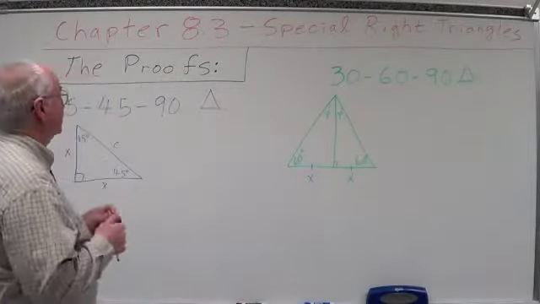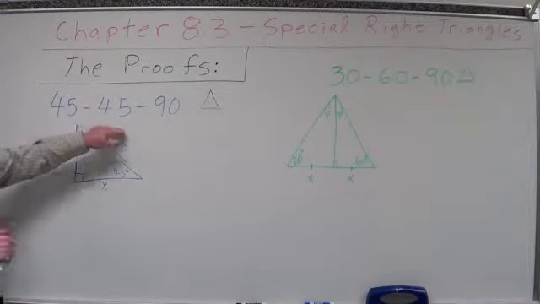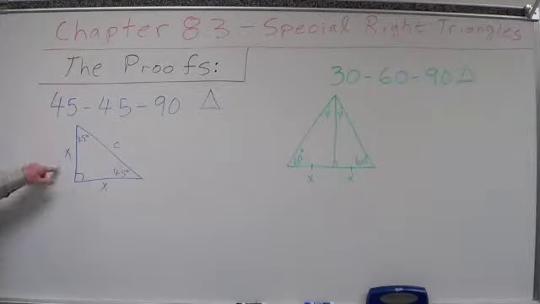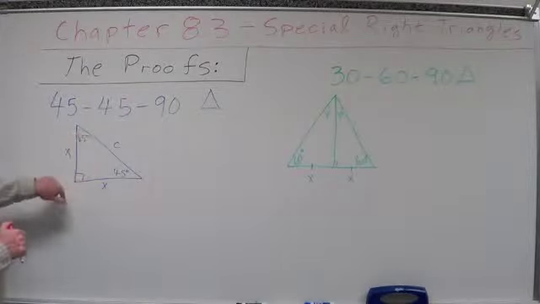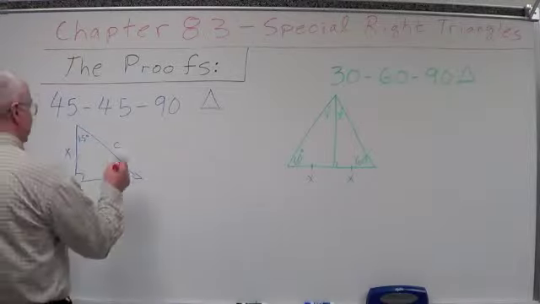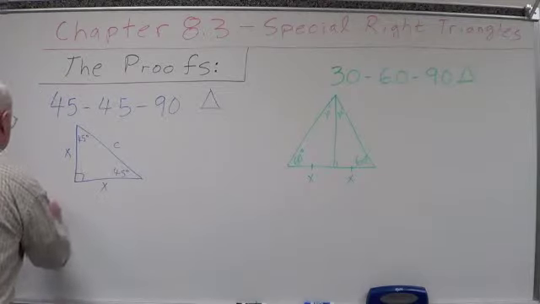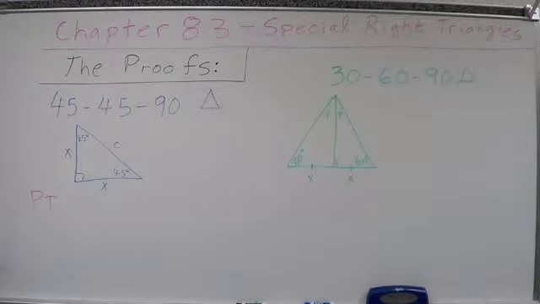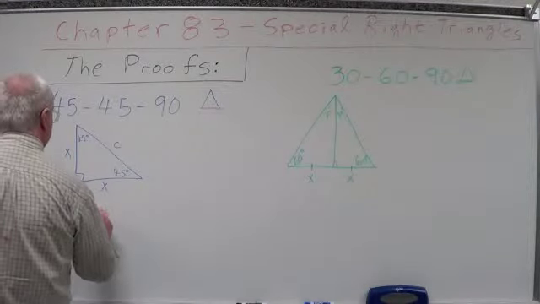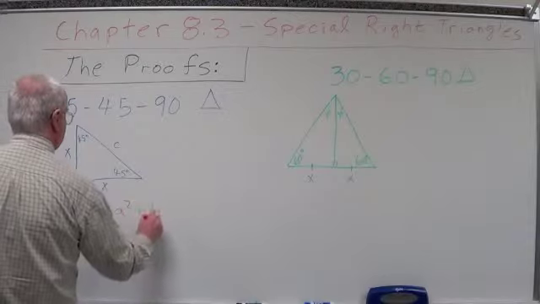Now, what we're going to do is we've got a 45, 45, 90 degree triangle, and we've got it drawn here, and each side is x. And so what we want to do is prove what the relationship between these three sides is. So we're just going to use PT, good old Pythagorean theorem, to find C. So C squared we know equals A squared plus B squared.